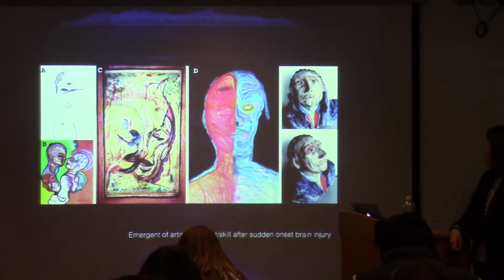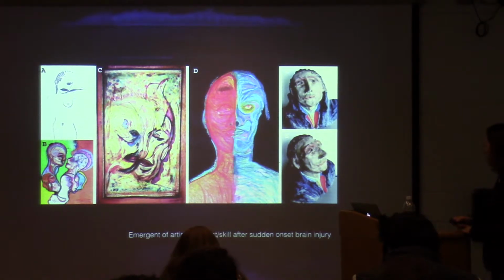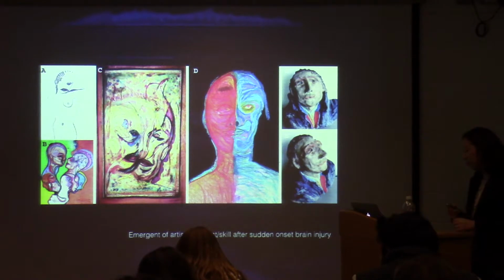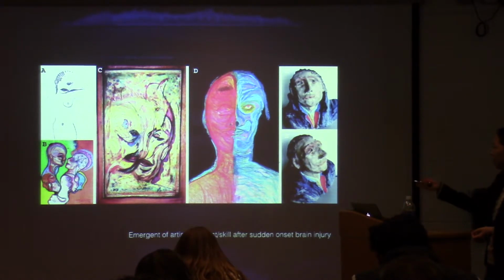This is another example of an artist who suffered from acquired OCD after brain injury. He used to be a truck driver, and he never went to the museum again, never interested in art. And suddenly he's had this urge to draw, and in his early paintings you can see some of the hemispheric blindness.